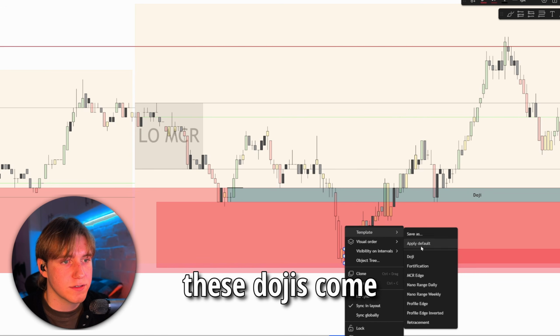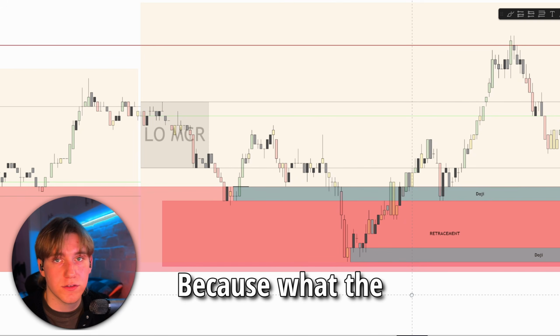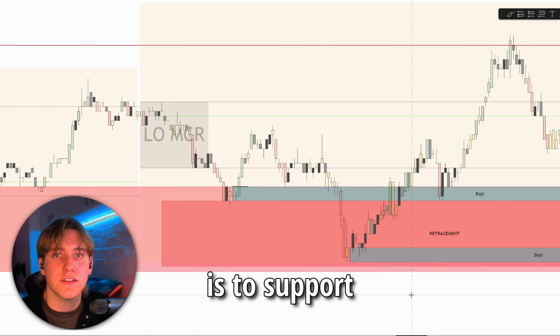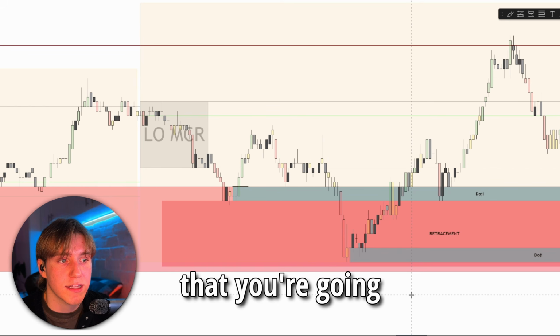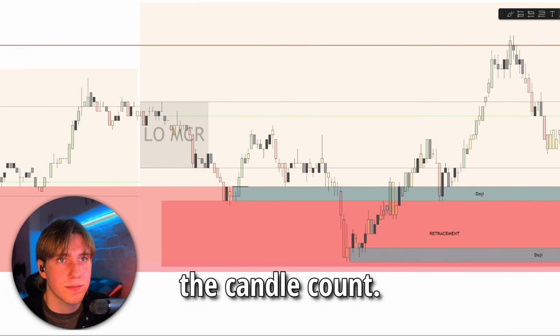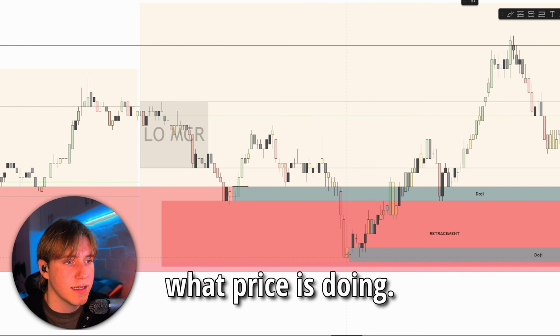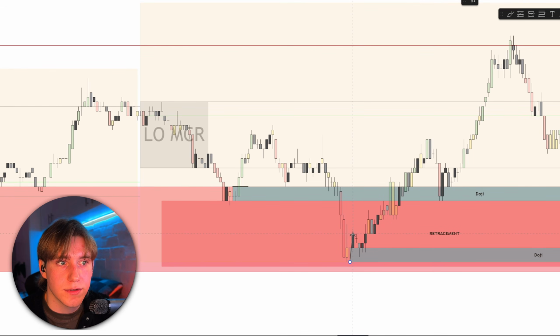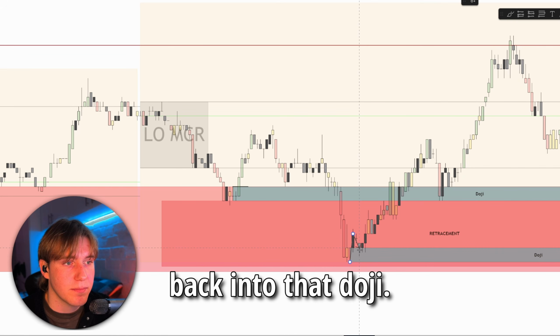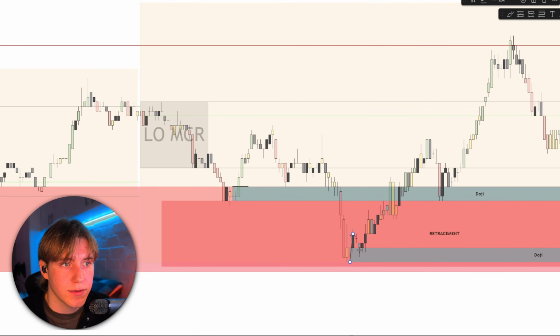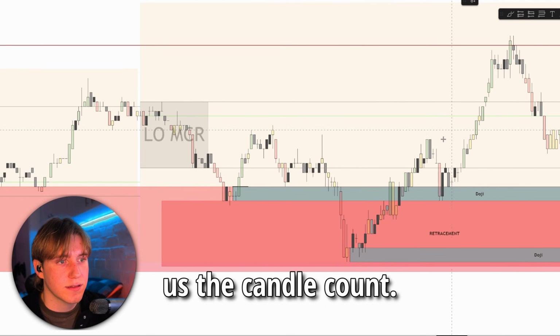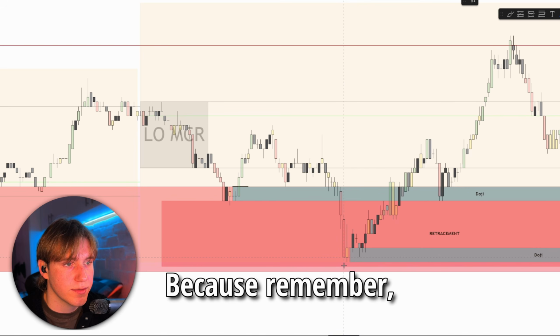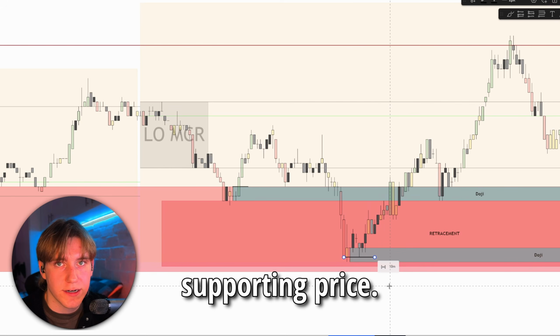And you'll find that these dojis come before the candle count, because what the doji is there for is to support the stop loss that you're going to be using on the candle count. Because look at what price is doing. It is confirming above that doji. It is reacting back into that doji. And then it's giving us the candle count. Because remember, this candle is supporting price.